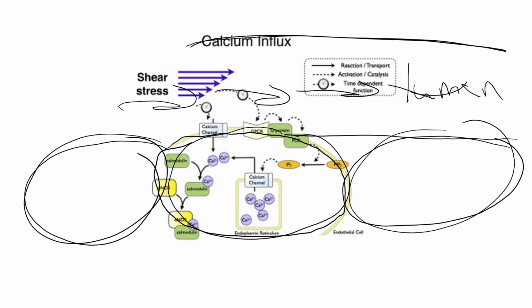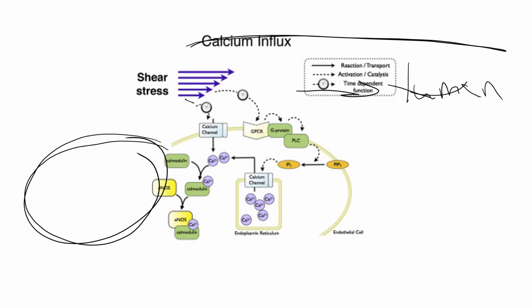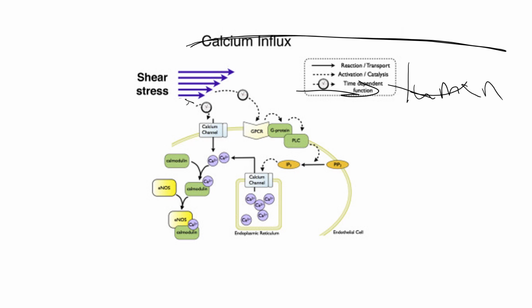So what this is showing is shear stress. The shear stress is mostly being felt and experienced by the epithelial cells. So that turbulent blood flow is happening and being exerted onto the epithelial cells, the endothelial cells lining the arteriole.